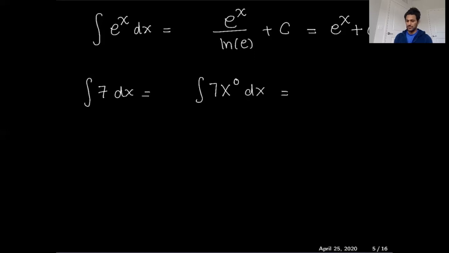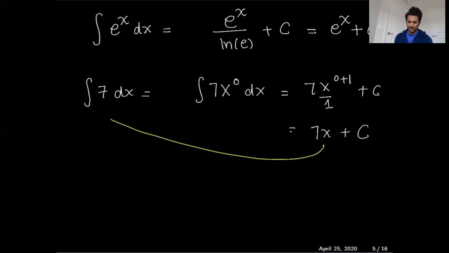And if I use the power rule, it's going to be x to the power 0 plus 1 plus c, and I reciprocate that 1, which is basically dividing by 1, and therefore I get 7x plus c. As you can see, if I take the derivative of 7x plus c, I will get 7 back. So therefore the antiderivative of a constant is that constant multiplied by x.